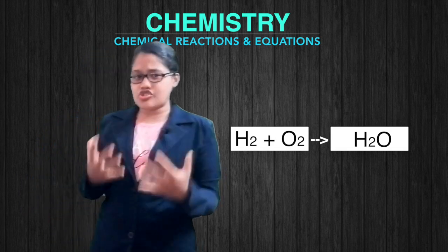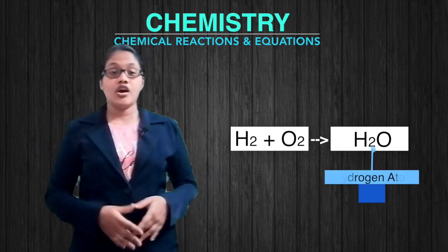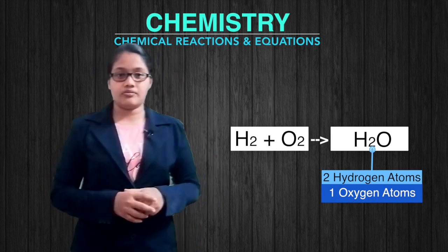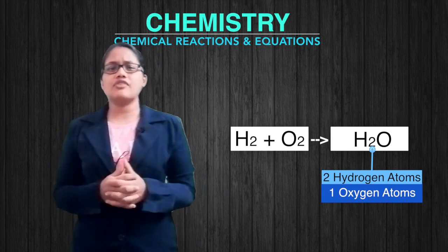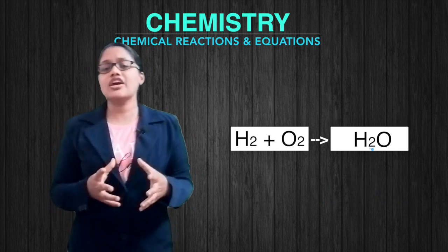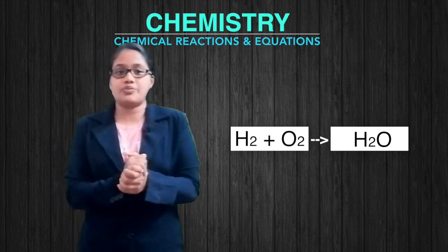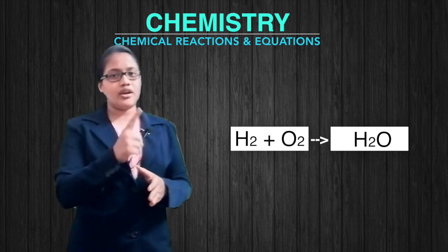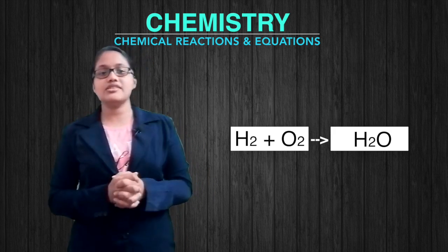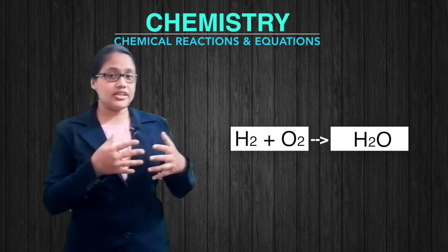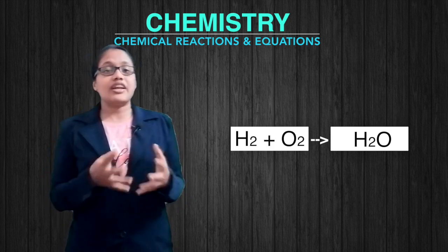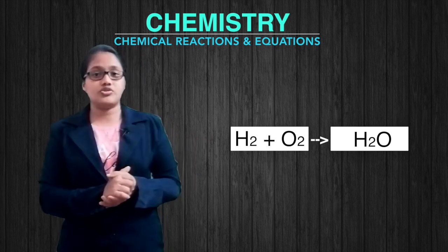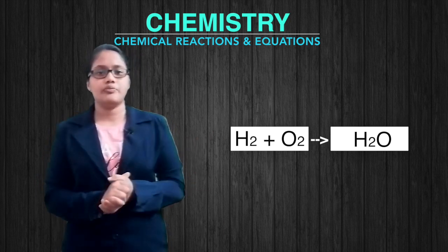So now for H2O, there are 2 hydrogen atoms and 1 oxygen atom. So when we write a chemical formula for a compound, if there is only 1 atom present in it, we usually do not put the number 1 as subscript to that symbol. For example, in the case of H2O, we write it as H2O only, not H2O1, which means oxygen is 1.